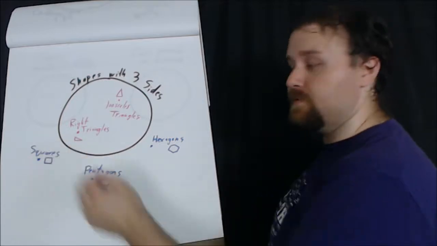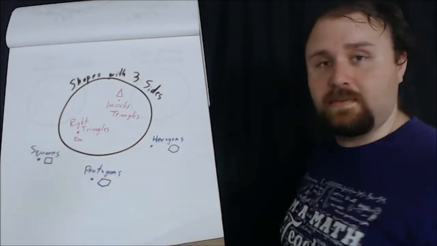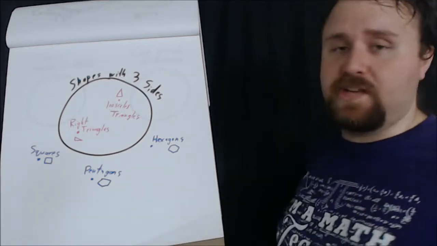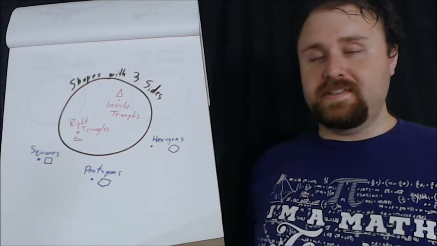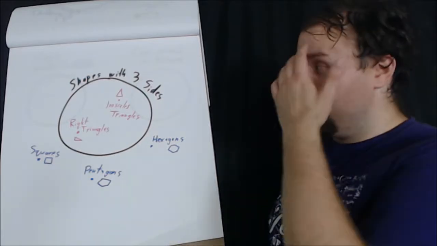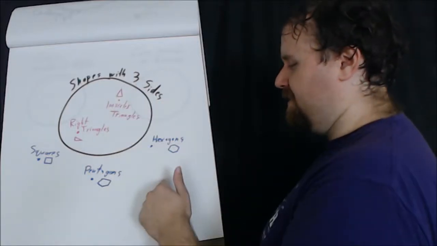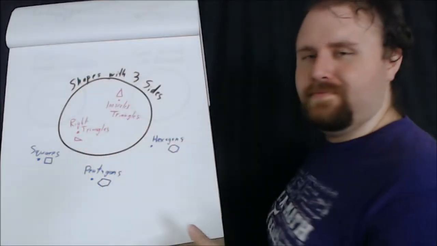So we have squares, pentagons, and hexagons. And those are just some examples, but any shape that doesn't have 3 sides would be outside the circle, including circles, so you'd have circles outside the circle like that.